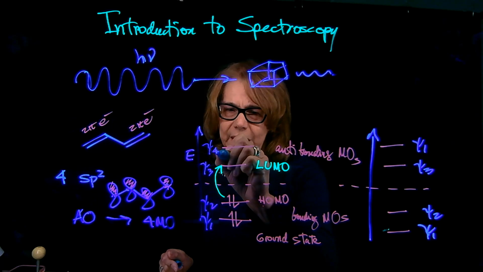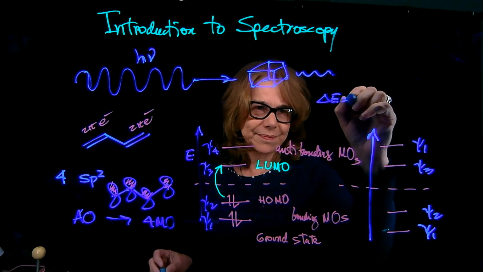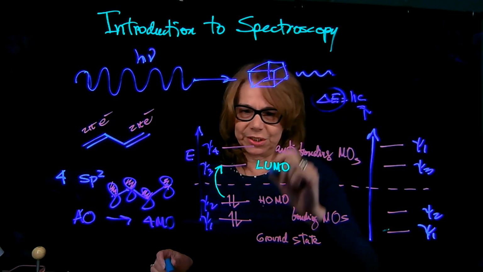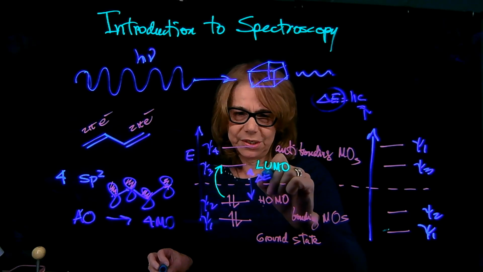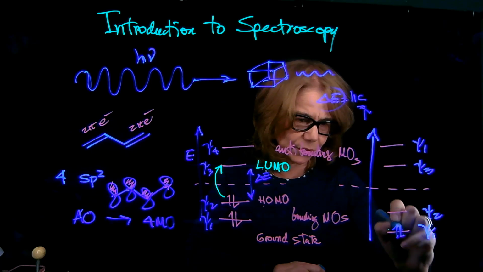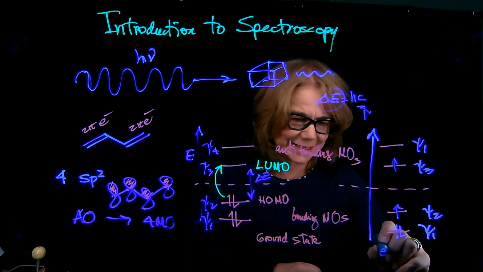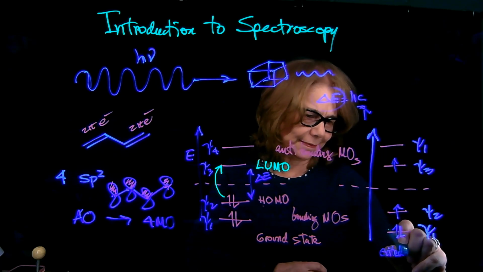If I have the right wavelength, exactly matching this gap, I will have that excitation, and one electron will jump up. And so we will have those 2 here, and this is the excited state.